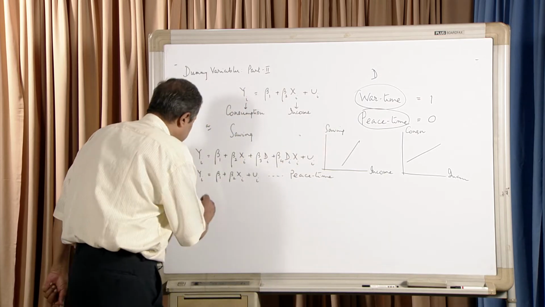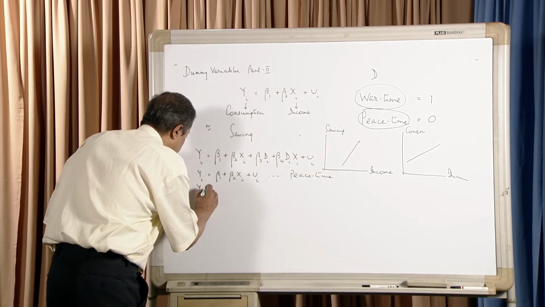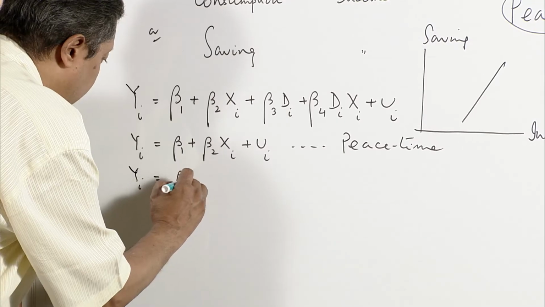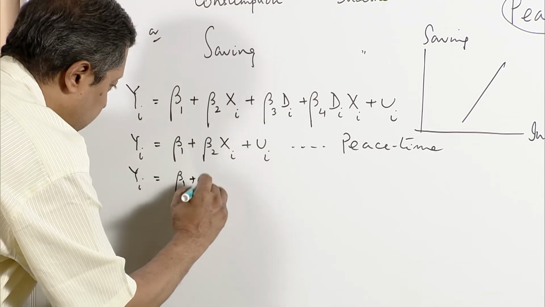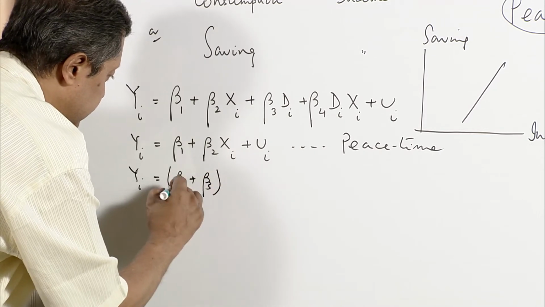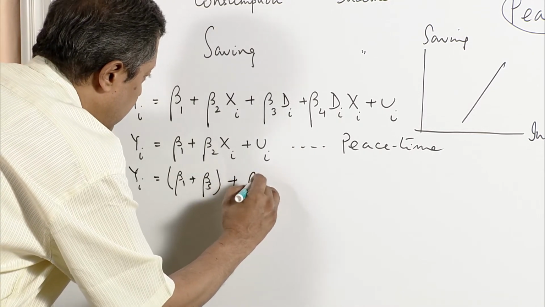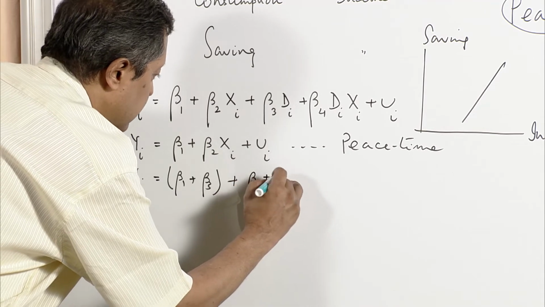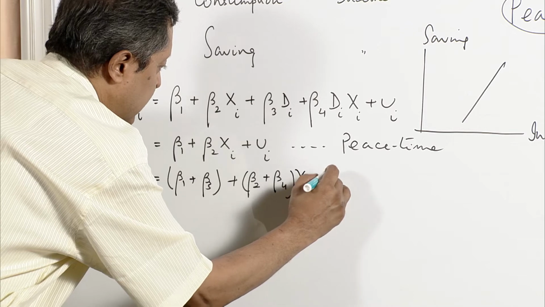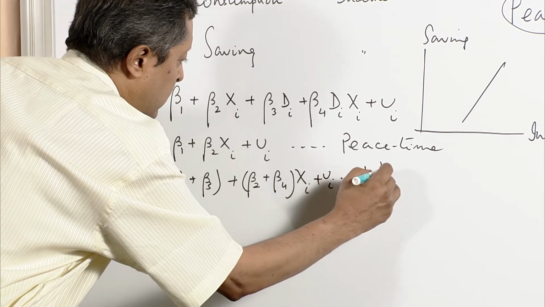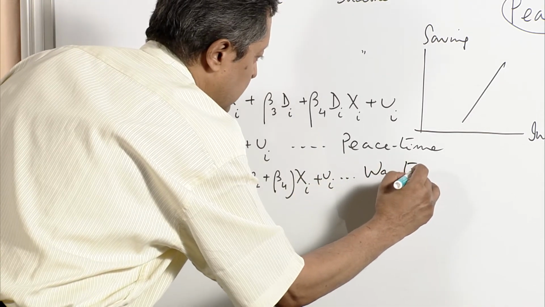So, for wartime we will have y i equals beta 1 plus beta 3 plus beta 2 plus beta 4 x i plus u i. So, that is wartime.